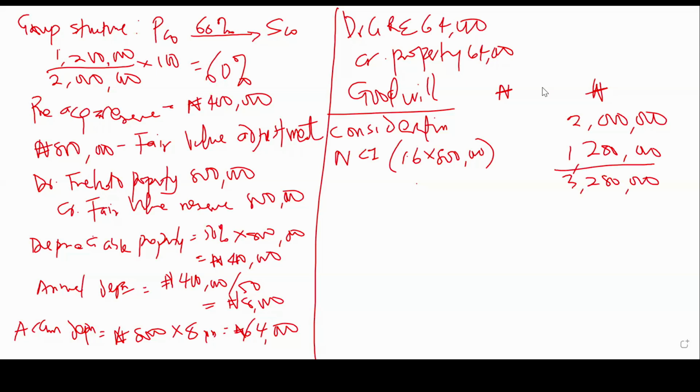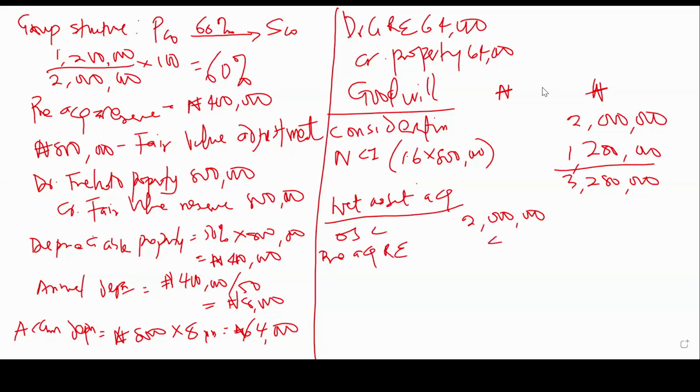And then net asset acquired. Ordinary share capital of ESCO, if you look at the statement of financial position, is 2 million. Now, the pre-acquisition retained earnings, according to the question, additional information A is 400,000.